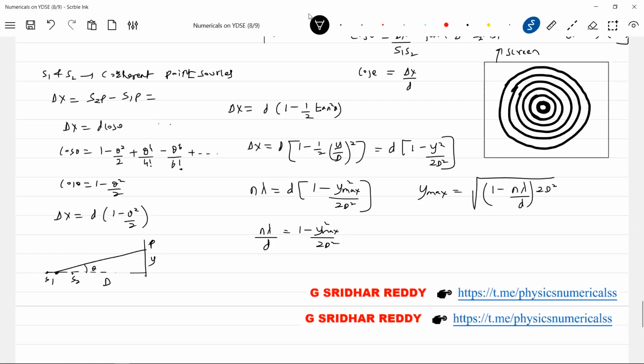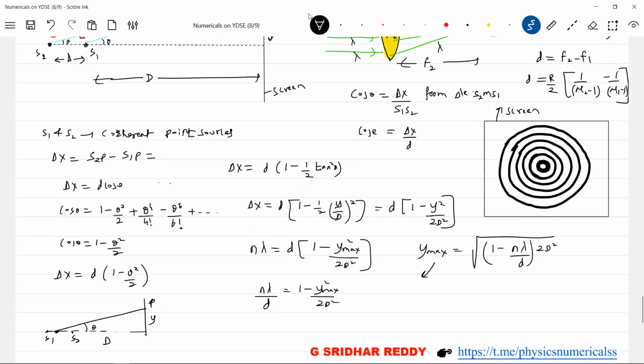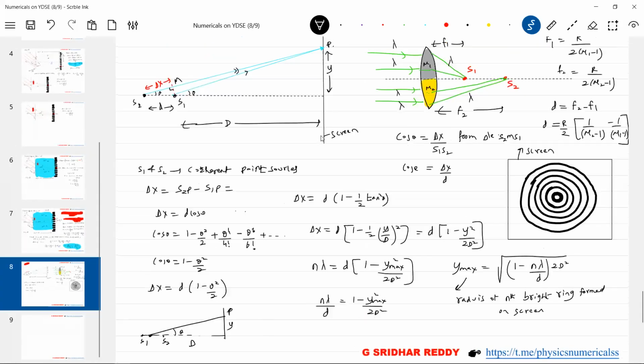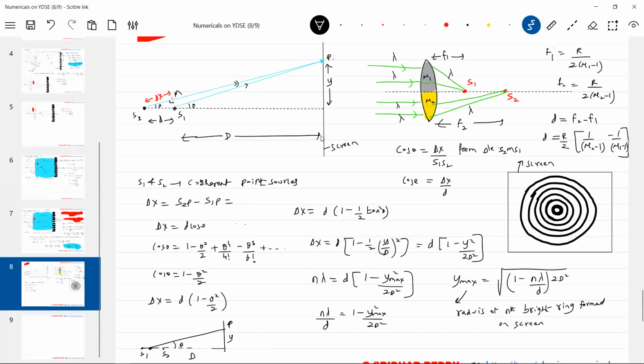This is what I should call y max, the radius of the nth bright ring formed on screen. Okay, so we have completed the description. Everything, the diagram, everything, is available.